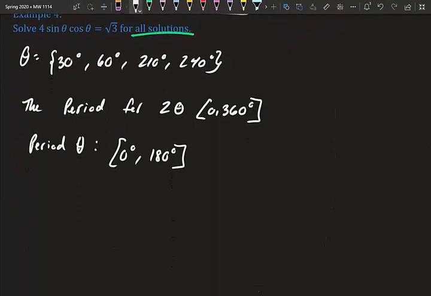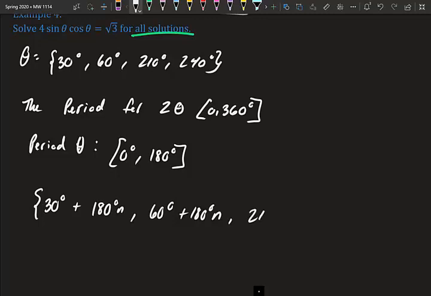Alright, so that's the period that we're going to add to each of these values. So we have 30 degrees plus 180 times n. We have 60 degrees plus 180 times n. We have 210 degrees plus 180 times n, and then we have 240 degrees plus 180 times n.